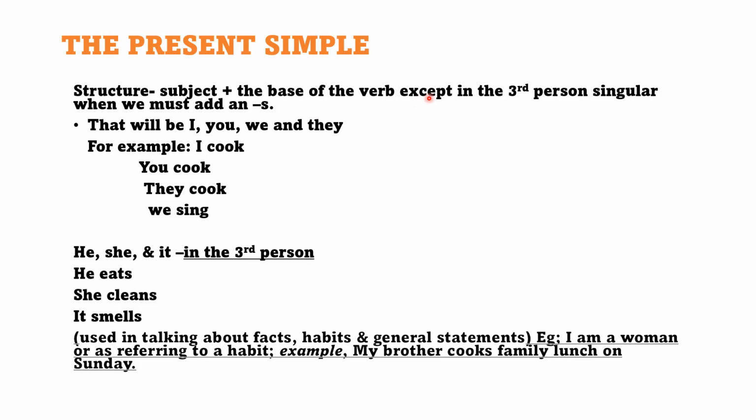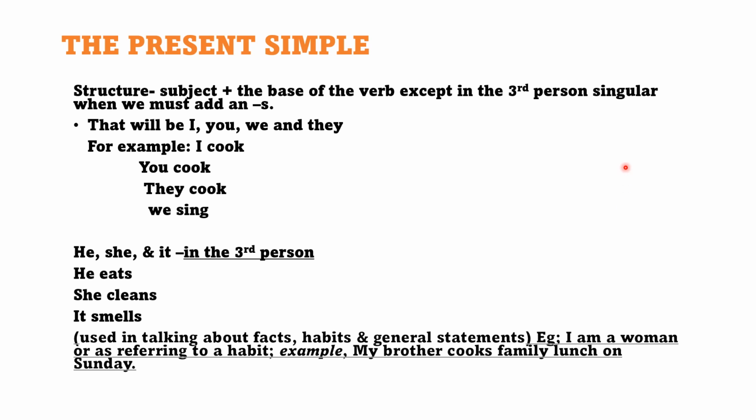So the present simple is structured with the subject plus the base of the verb, except in the third person singular when we must add an S. That would be I, you, we, and they. For example, I cook, you cook, they cook, we sing.